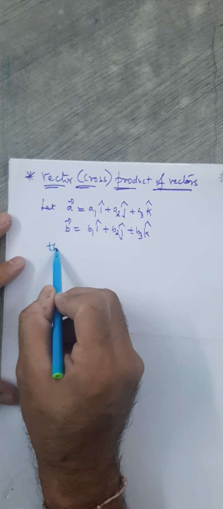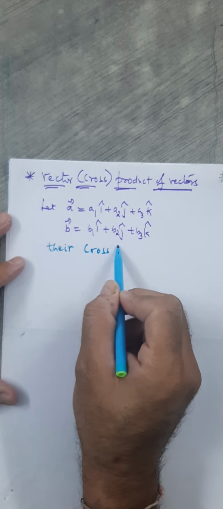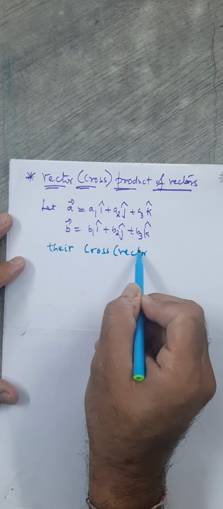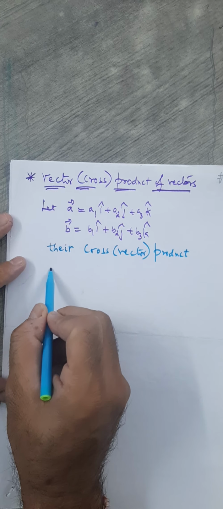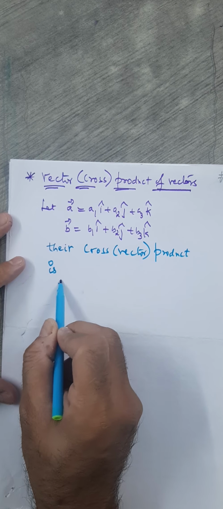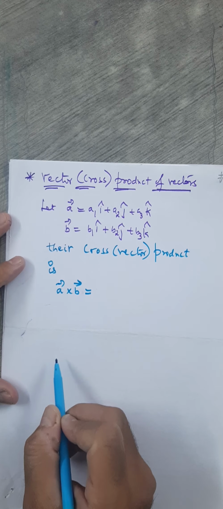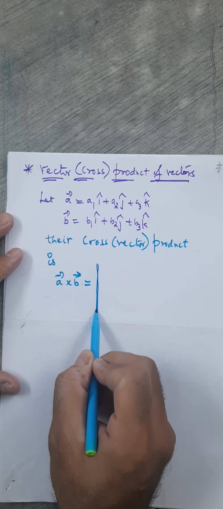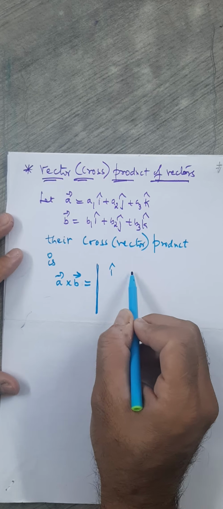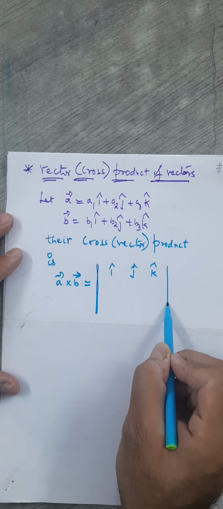Then their cross product, or you can just write the vector product, is defined in this way: vector A cross vector B equals a determinant, remember, where the first row is fixed: I, J, K. First row is fixed.